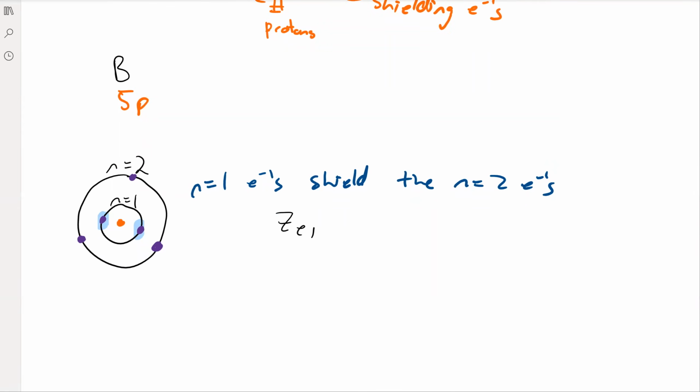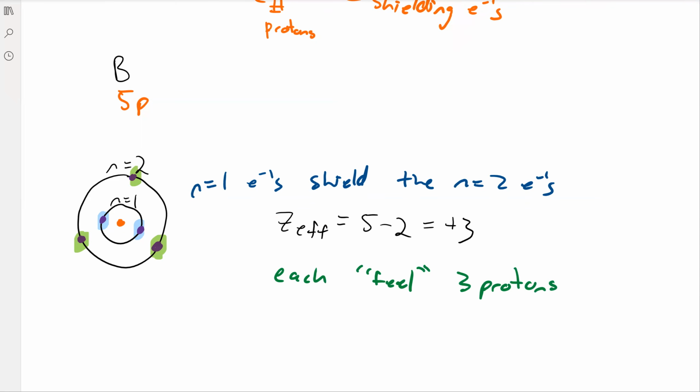So if we think about what the Z effective here would be, we have 5 protons, and then we have 2 shielding electrons, 2 core electrons. So we get a number of plus 3. So what that means is that each of these valence electrons each feel 3 protons, right? Remember that opposite charges attract.